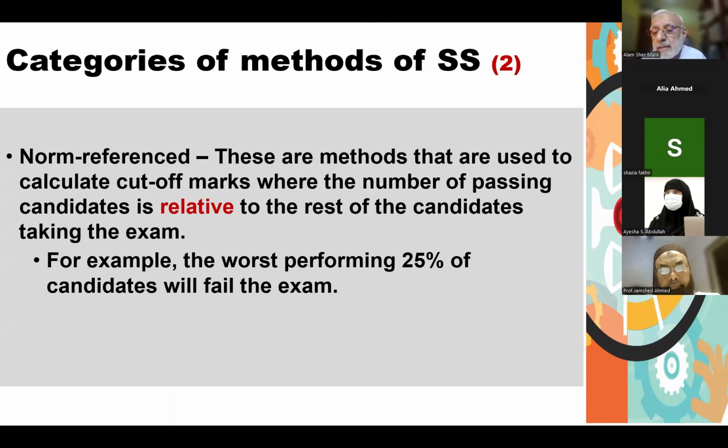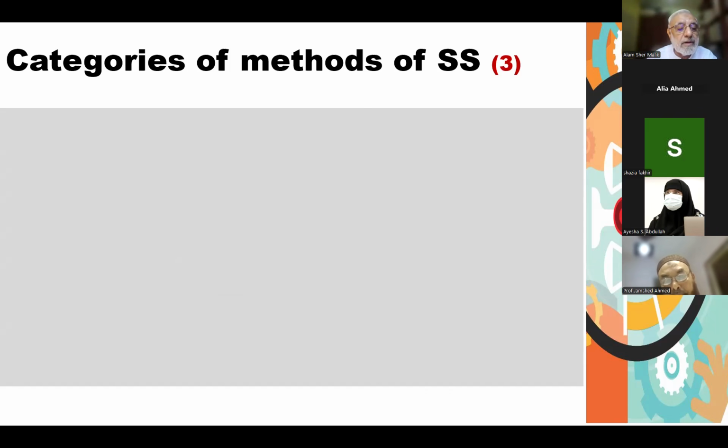For example, one institution may decide that 25% of the candidates who performed worst, from the lowest scorer, would fail the exam. So this would be a norm reference where there is no criteria. Students just appear in the exam, and we decide that the first 75% pass and the last 25% fail. This is an example of norm reference.